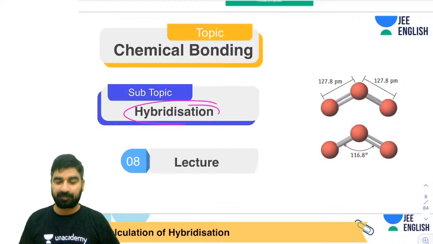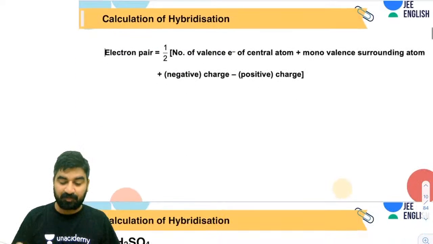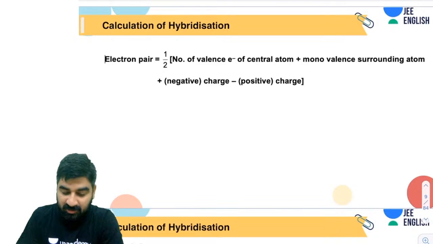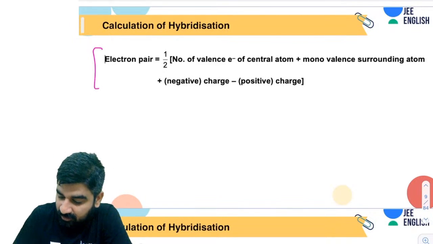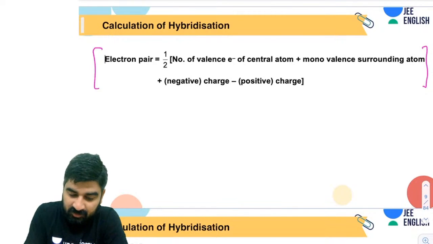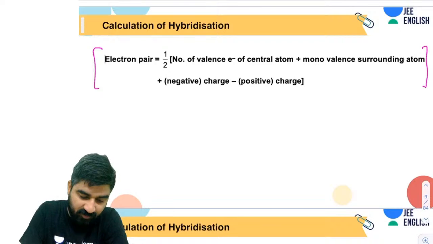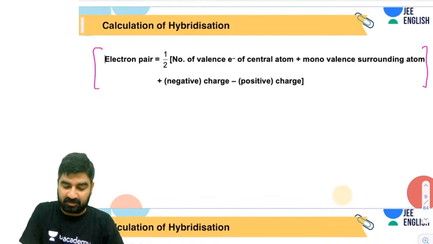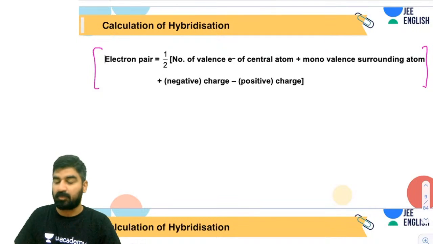Now, guys, I'm telling you how to calculate hybridization. There are some simple rules, so just note down this formula. This formula will give you the number of electron pairs, which can be lone pairs or bond pairs.